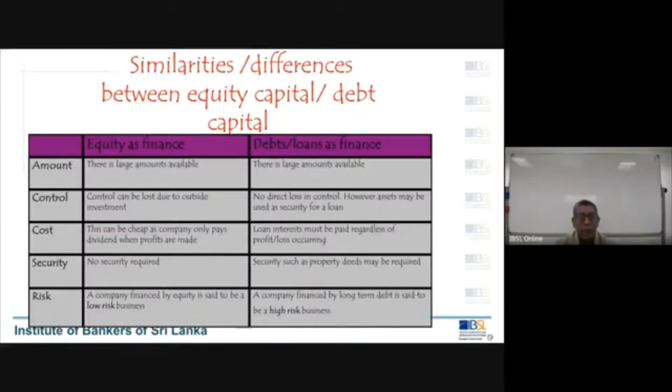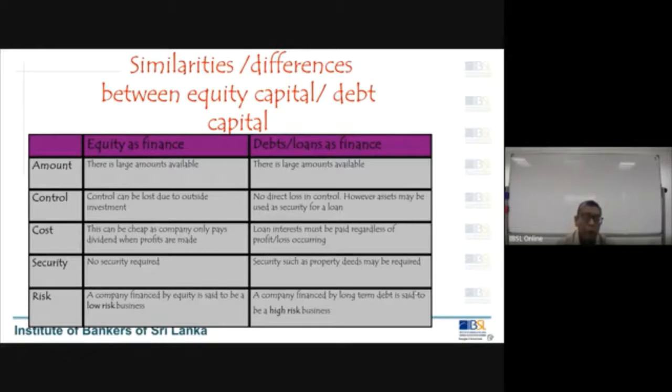Okay. So what are the similarities and differences between equity capital and debt capital? Now, equity as a finance and debt or loan as a finance.